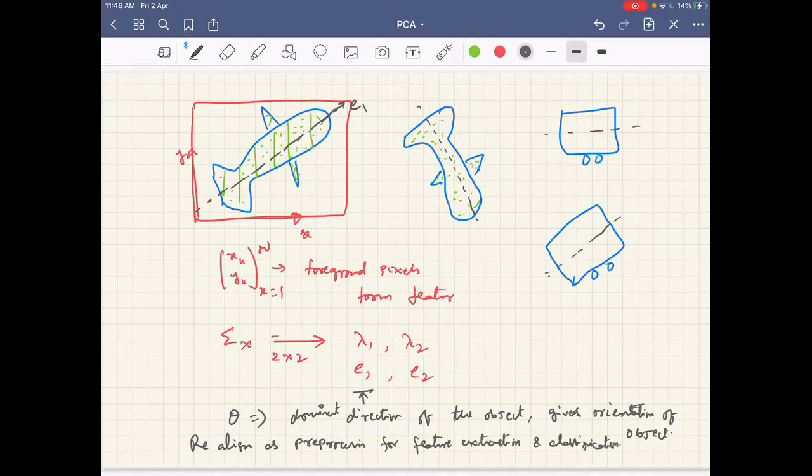This is one of the potential applications where PCA is used: identification of orientation of the objects.